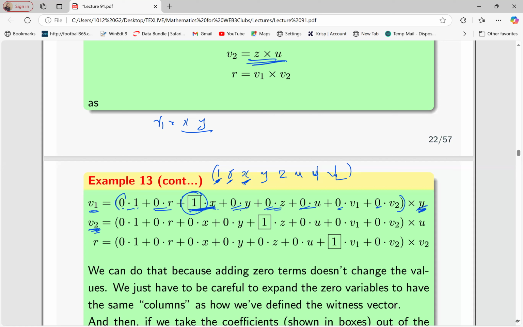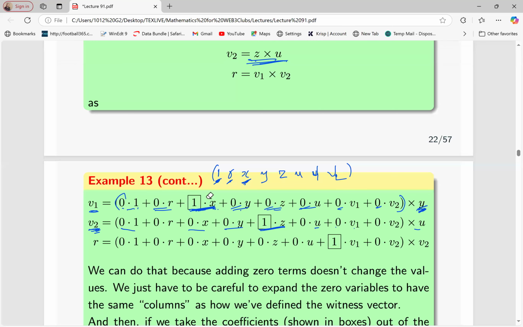It was Z times U. Where there is Z you put 1, and everywhere else you put 0: 0 times 1, 0 times R, 0 times X, but there's a Z here, multiplied by 1, then everything else by 0, close the bracket, multiplied by U. So this is another way of looking at it. But of course, the first one that I explained was clear, and you got to understand it.